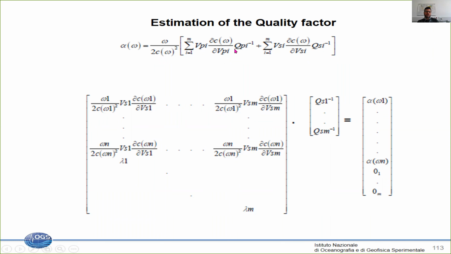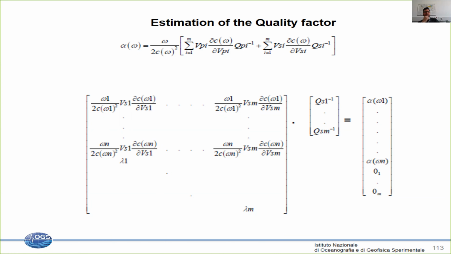It depends on the quality factor of P waves in the underground, and in a similar way also on the shear wave velocity and on the quality factor for the shear waves. Again, here you see partial derivatives where we see the variation. It's the same partial derivative matrix that we have seen last time, giving us information about how much the phase velocity changes if I change the shear wave velocity or the P wave velocity.